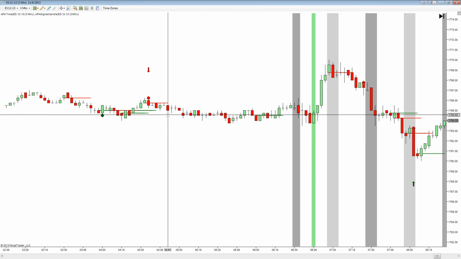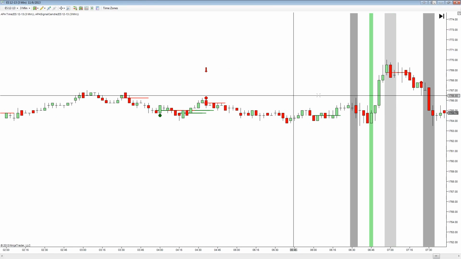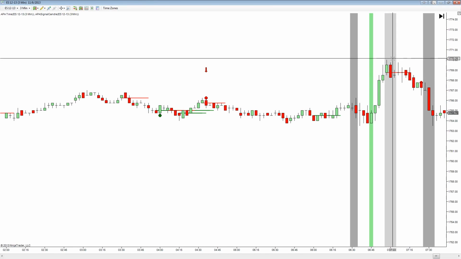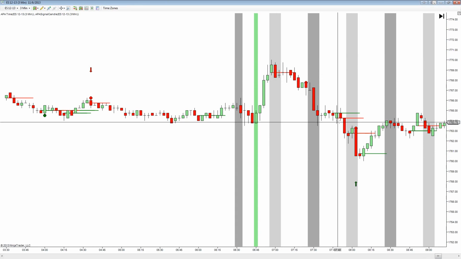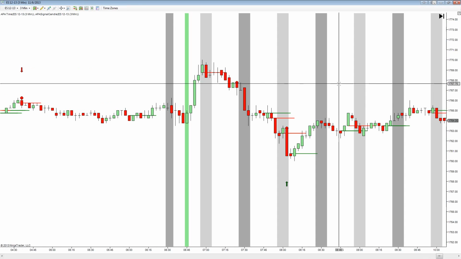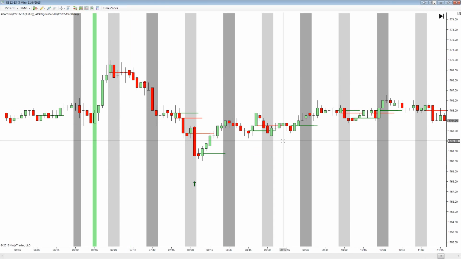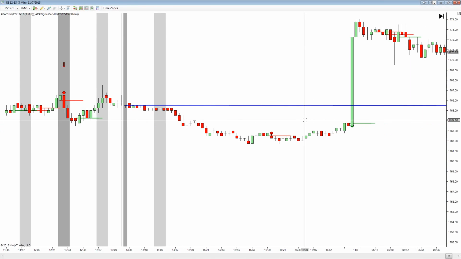So that's kind of what I look for, and in Epizones 4, all these signals are filtered with the zone, so you don't get as many of these signals here. And this is the signal part, I guess you could say, of Epizones 4.